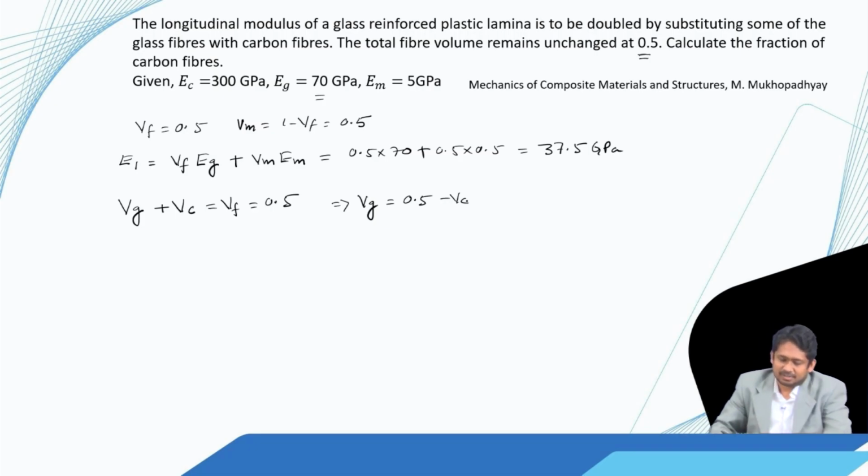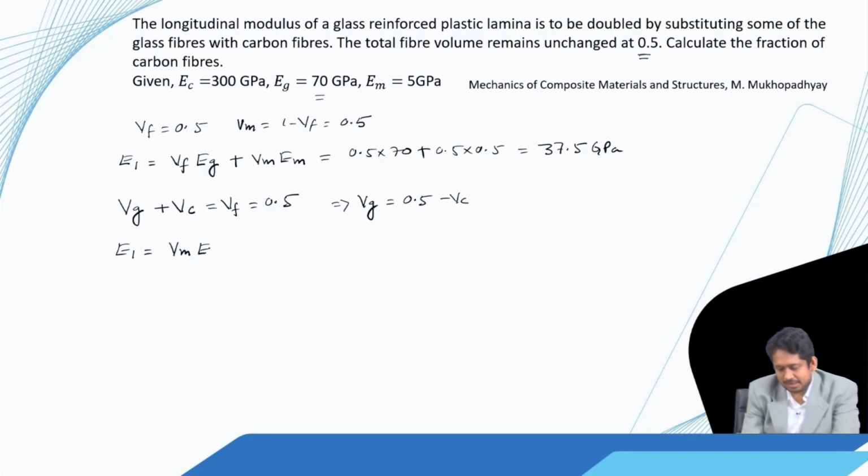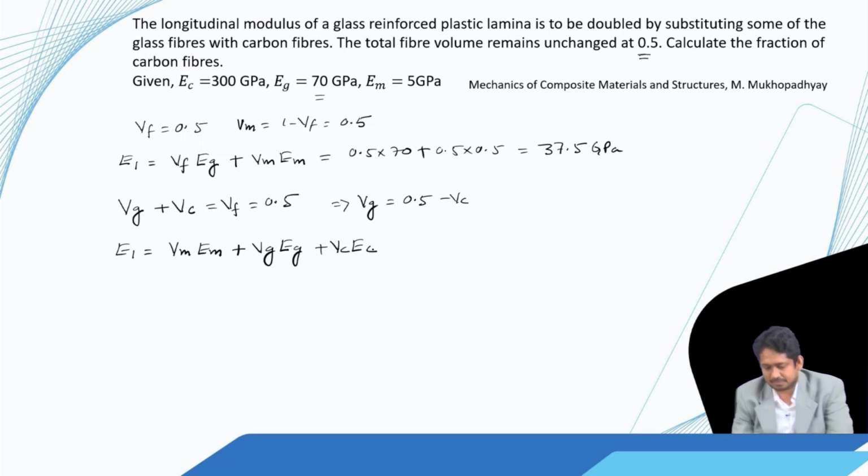So, now we have a composite which is made of 3 different materials: glass fiber, carbon fiber and the matrix. So, we can extend whatever we had for the two phase material. So, now extending that we can write E1 is equal to Vm multiplied by Em plus Vg multiplied by Eg plus Vc multiplied by Ec, and that should give our desired Young's modulus, and the desired elastic modulus is nothing but twice of what we already have. So, that is 2 multiplied by 37.5.